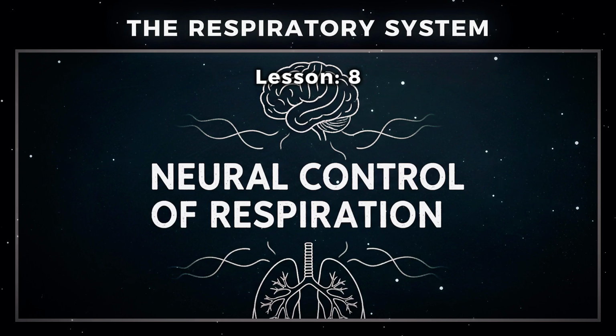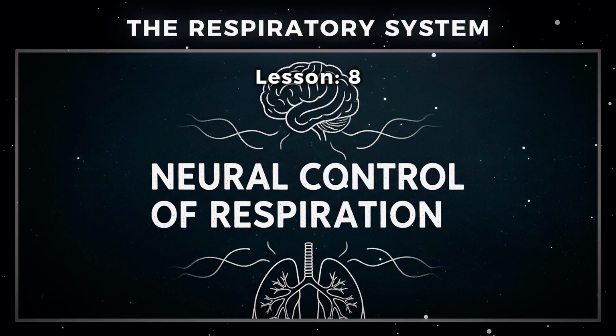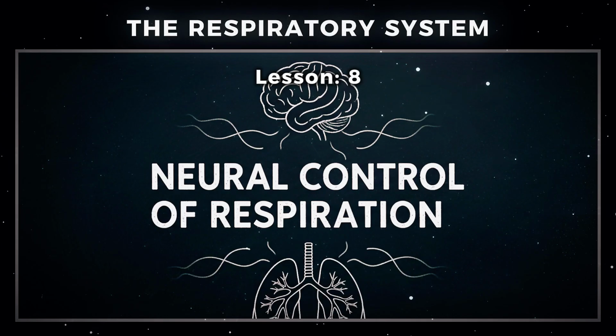This is a fail-safe system. Your body trusts the CO2 levels to guide the day-to-day rhythm, but it keeps an eye on oxygen as a backup for high altitudes or respiratory distress.